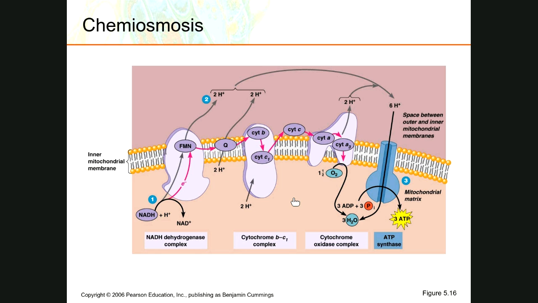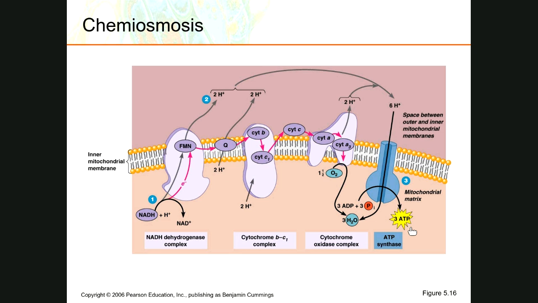So that transport protein is no ordinary transport protein. It's actually an enzyme, ATP synthase. So the hydrogens flow back through the ATP synthase, following their concentration gradient from high to low, and the physical movement of the hydrogens is a form of energy that ATP synthase uses to generate ATP.